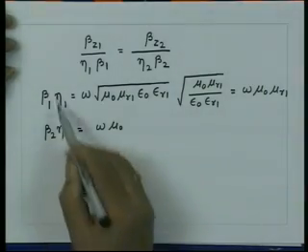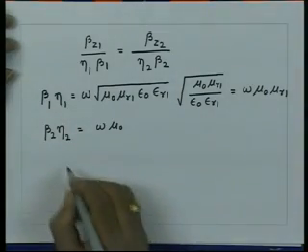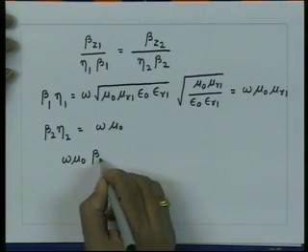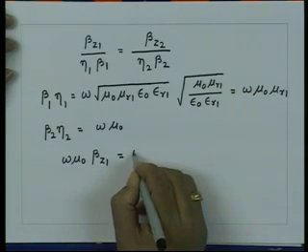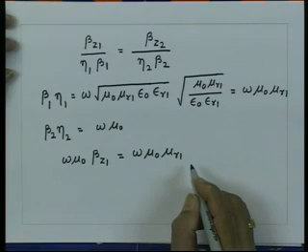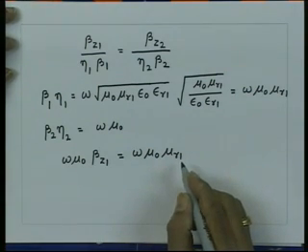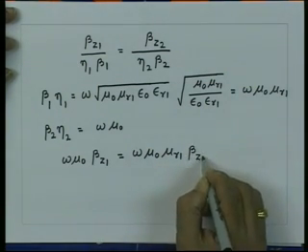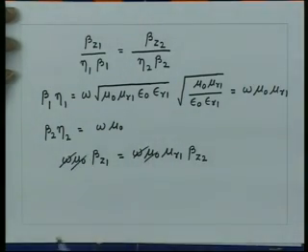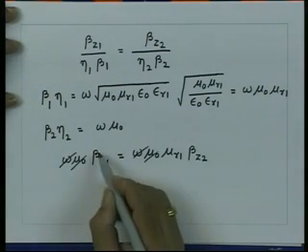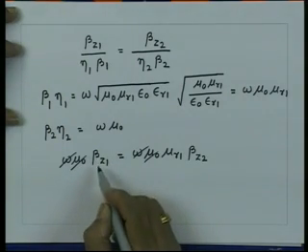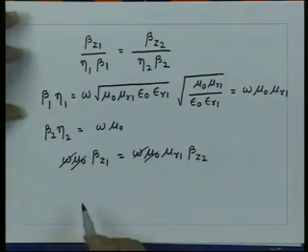So, substituting now for these two in this expression, essentially we get omega mu 0 beta z1 is equal to omega mu 0 mu r1 beta z2. Again mu 0 omega will cancel on these two, and this quantity now we can write down in terms of the phase constant of the medium beta 1 and the phase constant of the medium beta 2.